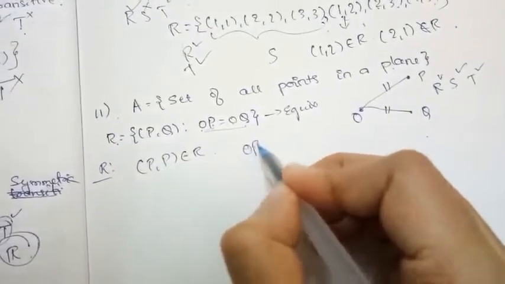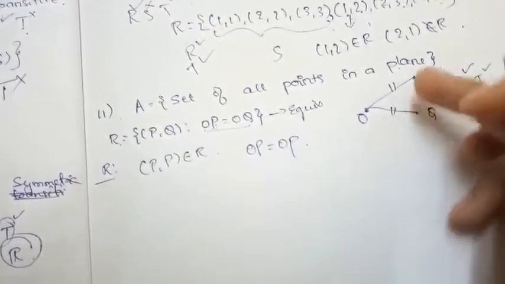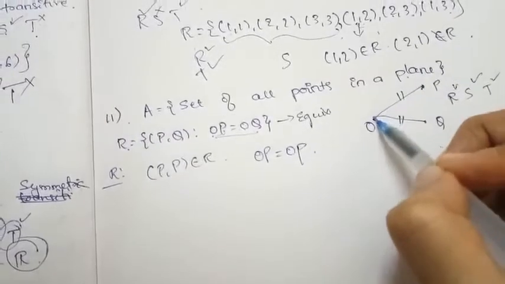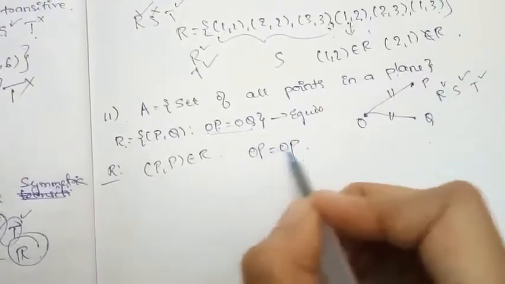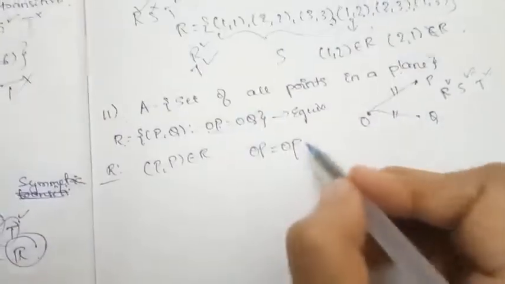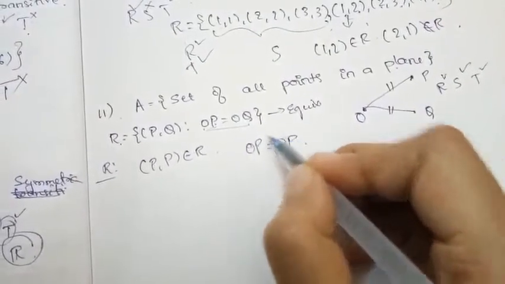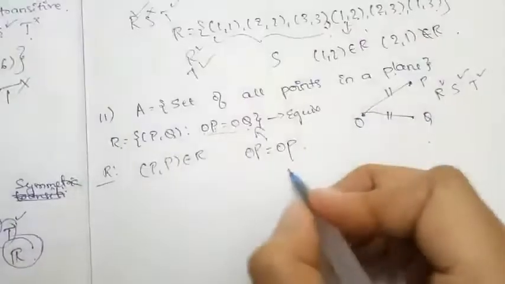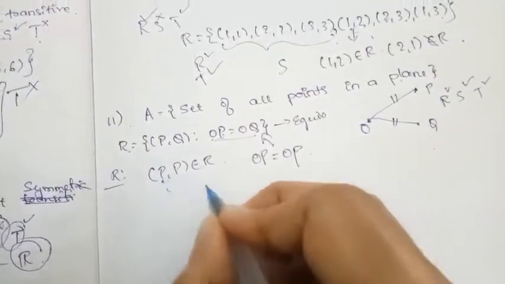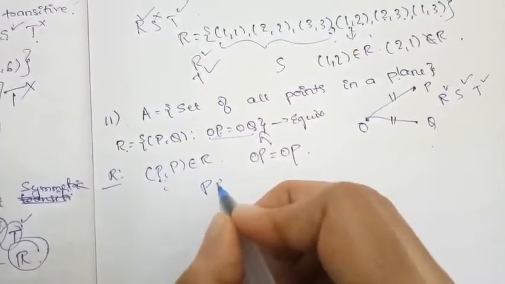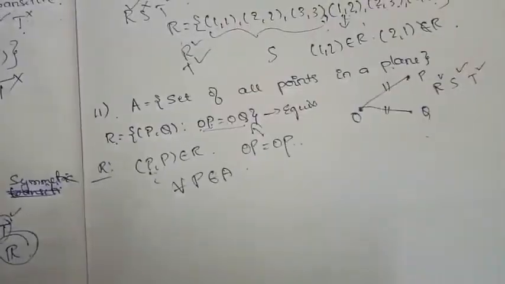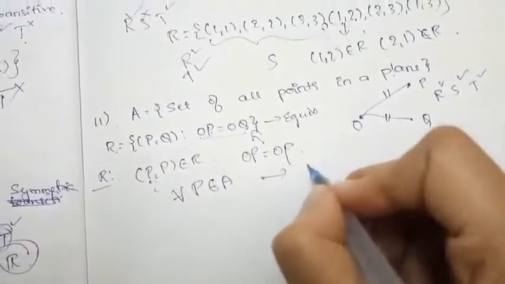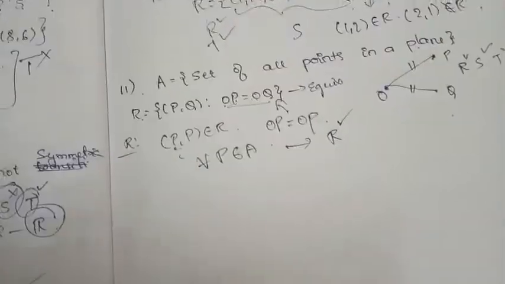Then clearly OP is equal to OP itself, the distance of the point P from the origin is equal to itself. So OP = OP satisfies this relation for all points belonging to the set A. So this relation is a reflexive relation.